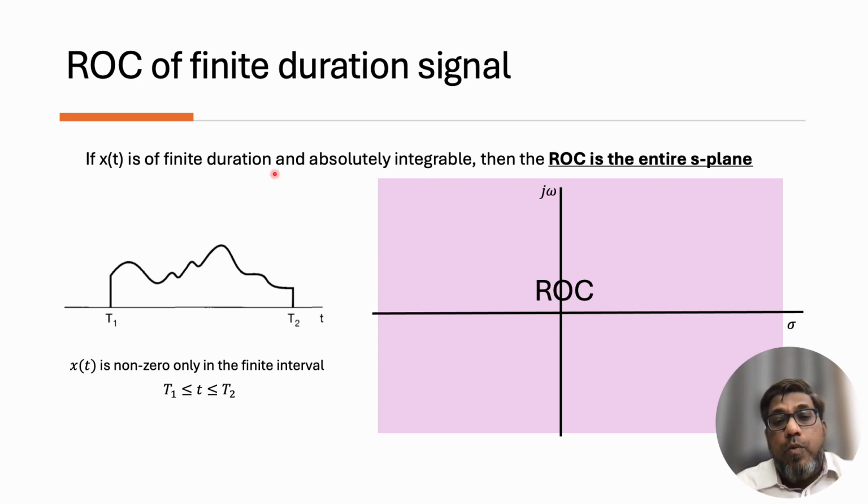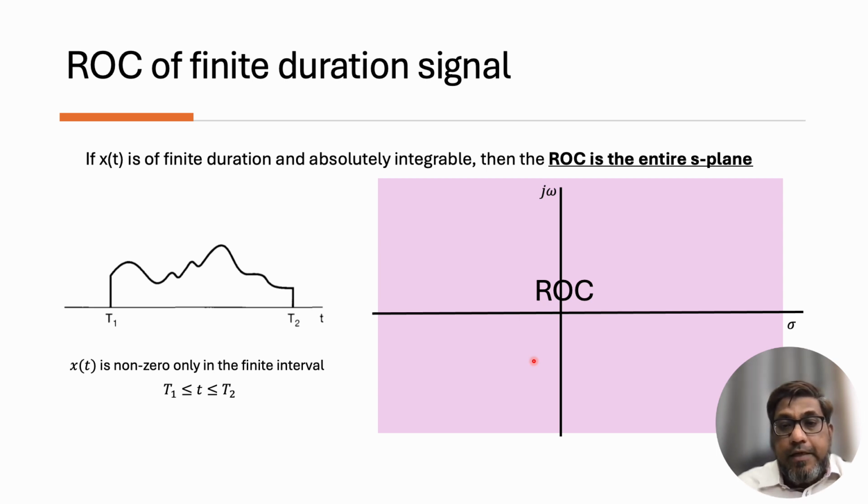In which case, what is the region of convergence? For a finite duration signal, where the duration of the signal is a finite amount of time, and when the signal is absolutely integrable, the ROC is the entire S-plane. That means the Laplace integral converges for any point in the S-plane. So we can have s to be any point in the entire S-plane, and the Laplace integral converges.